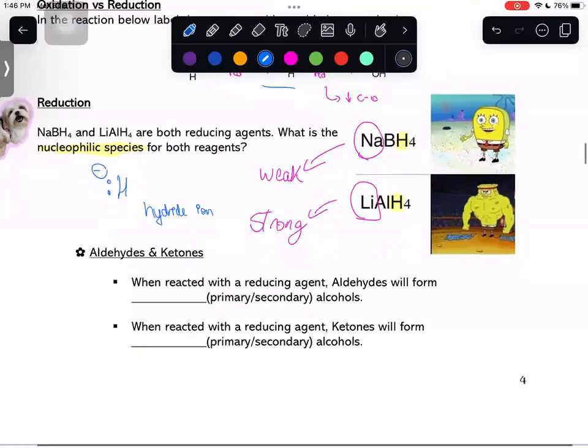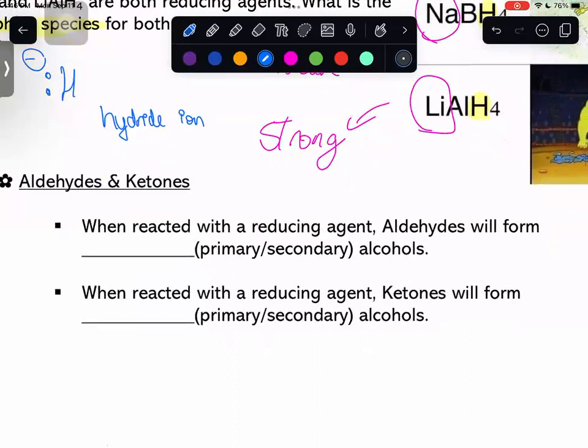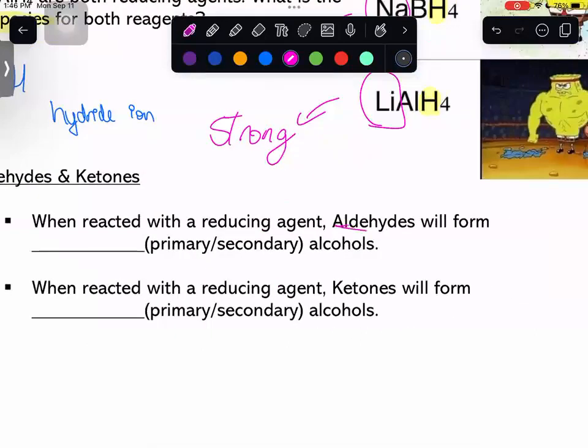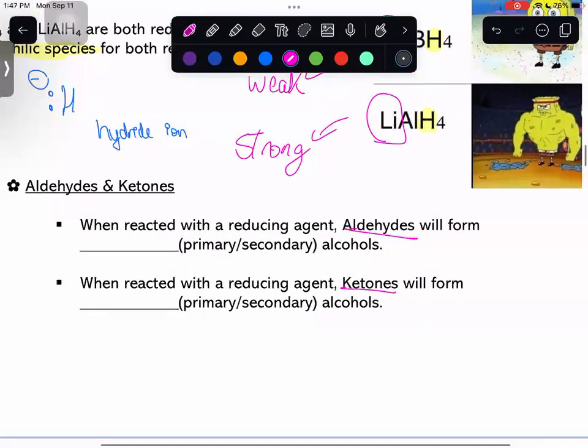Since we're going to do a reduction, we're going to go from, let's say, an aldehyde or a ketone to an alcohol group. I'm just reducing the number of bonds between carbon and oxygen. Aldehydes and ketones are very reactive, because they have less resonance stabilization compared to the other carbonyls that we saw.